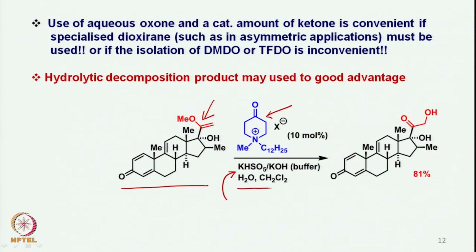Under these conditions the epoxide is going to form from this double bond, that means this is the epoxide that is expected to form. If this is the other part of the molecule, then this can open up in this fashion and form the corresponding hydroxy ketone, which is what is done in this case.